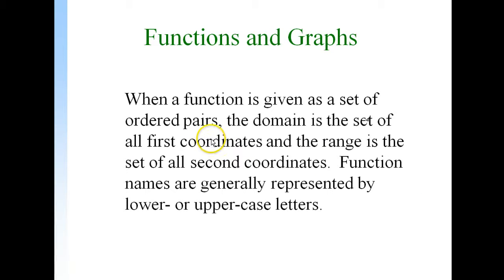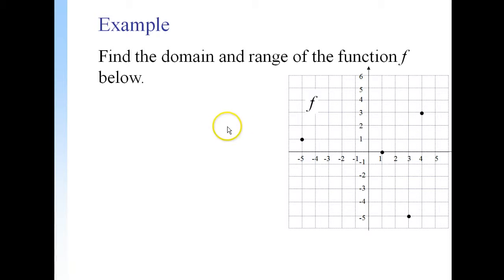Now, when we look at a graph and we are asked to see these ordered pairs, what would be the domain? Well, again, it's the first coordinate, it's the X, and the range is the second coordinate, the Y. So find the domain and range of this function. Well, what we're asked to do here, and we can usually do it like so, domain, and we put a brace there.